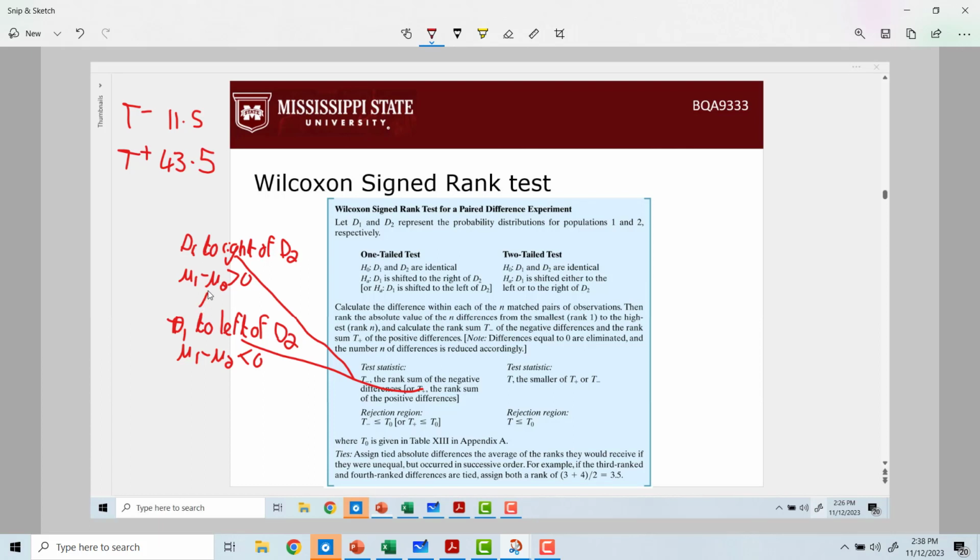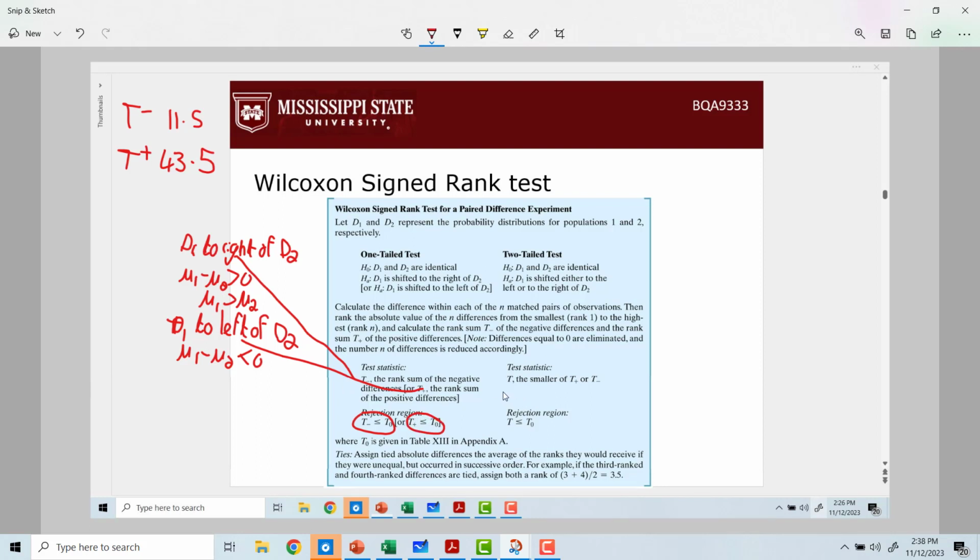So we'd have group 1 is bigger than group 2, and in this case we would have mostly positive, so we check the T minus. But if we're looking in the other direction, we think the positives are going to be small, i.e. the non-parametric equivalent of mu1 minus mu2 is less than 0, then we're going to be having the T plus.